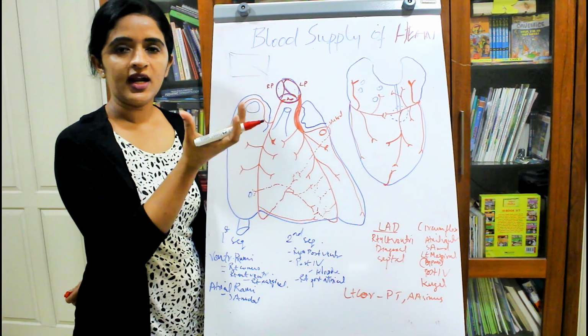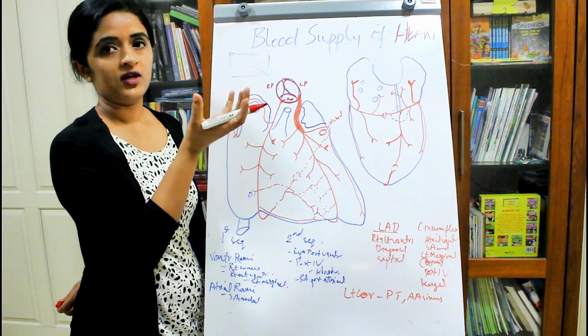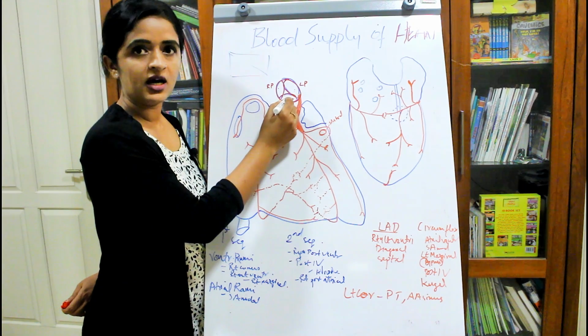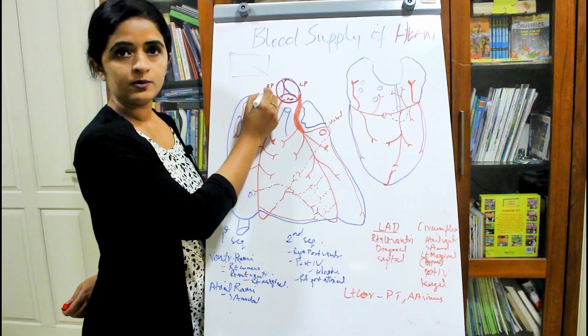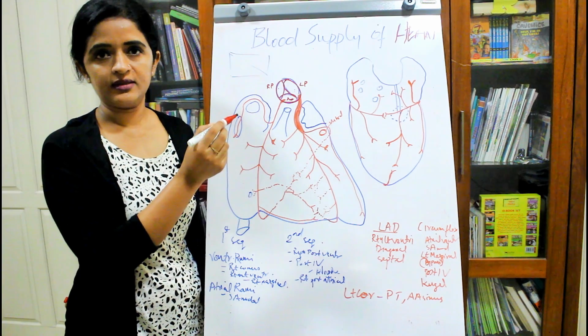Each valve will contain a sinus, that is known as the aortic sinus. So we can name it as the anterior aortic sinus, right posterior aortic sinus, and left posterior aortic sinus.